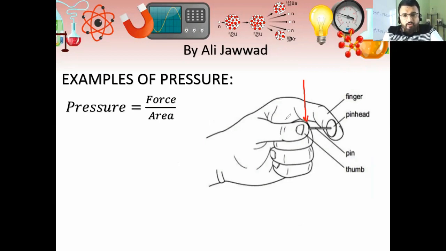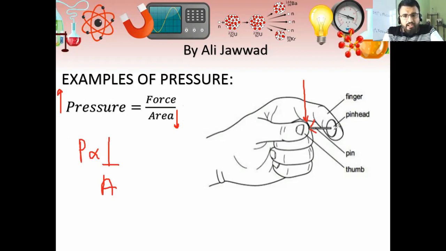And it is because all the force is concentrated into a single area, which is a very small point. So, as you can see by the formula, as the area reduces, the pressure increases because pressure is inversely proportional to the area, and that is why we feel a pinching effect.